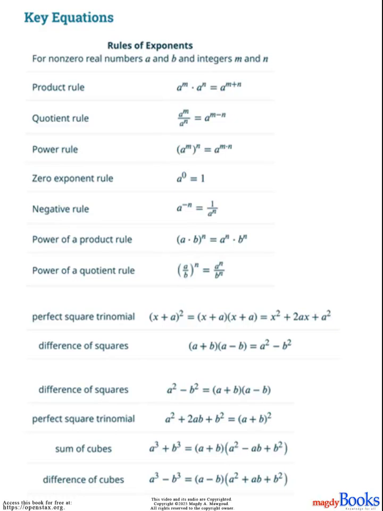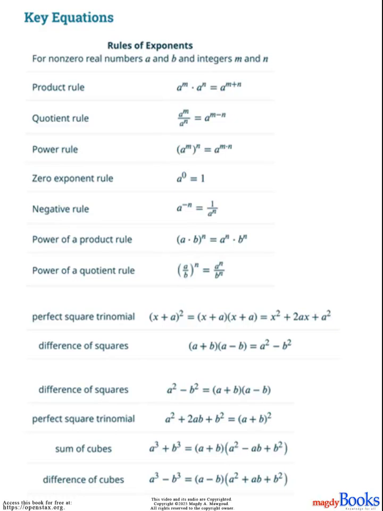Quotient rule: a to the power of m over a to the power of n equals a to the power of m minus n. Power rule: (a to the power of m) to the power of n equals a to the power of m times n.